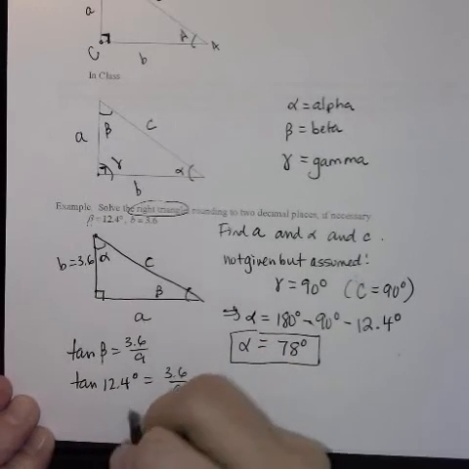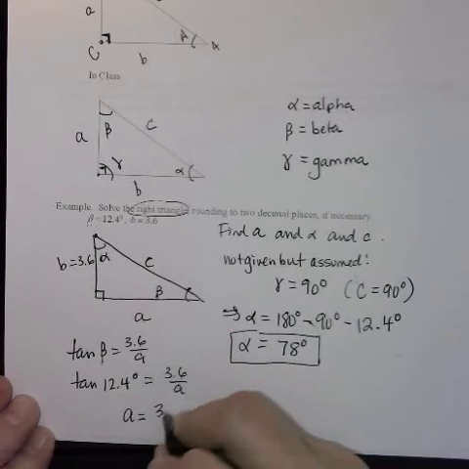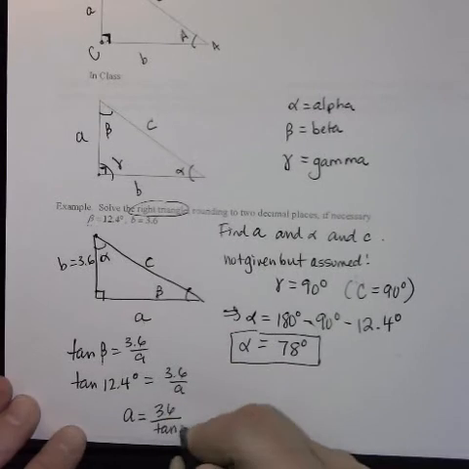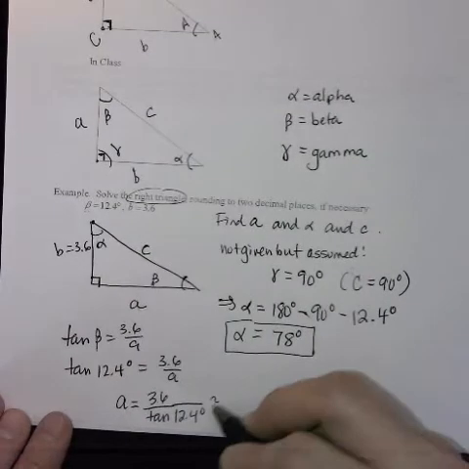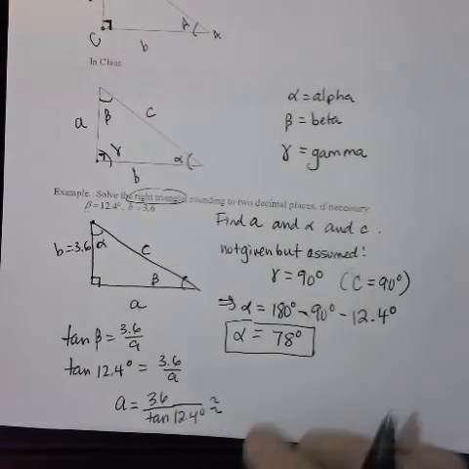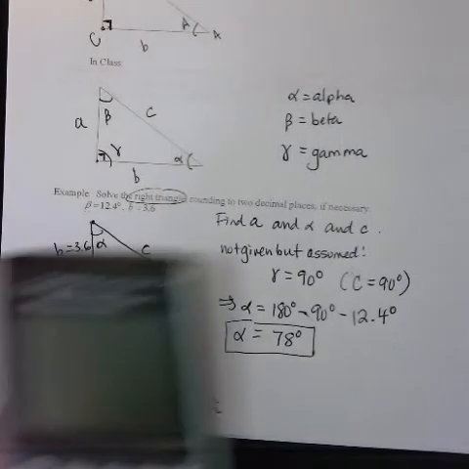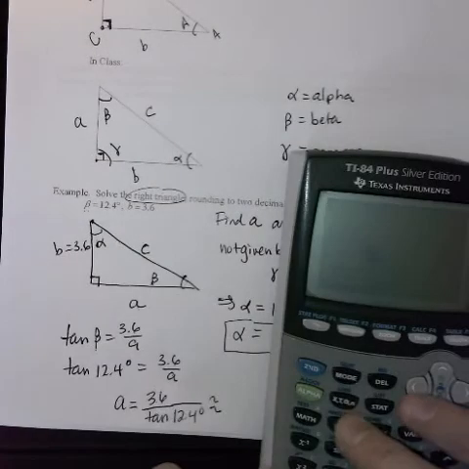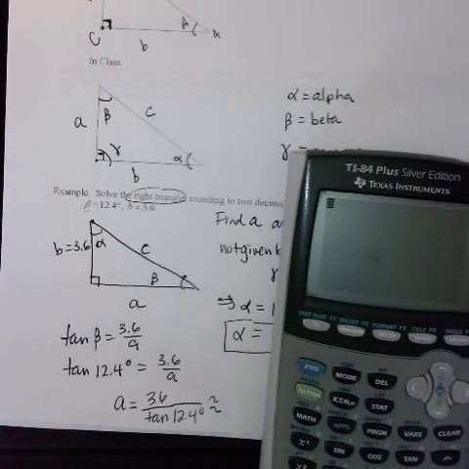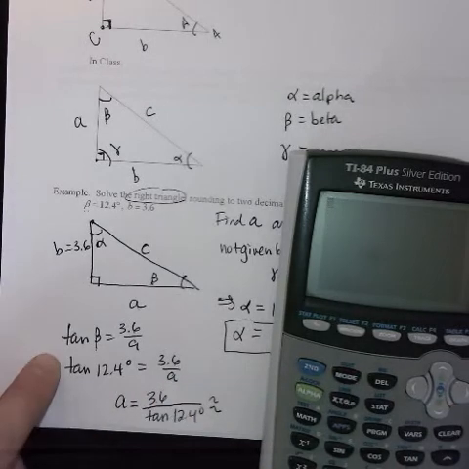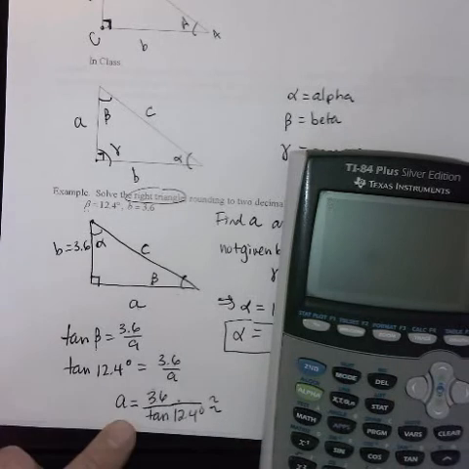So a is 3.6 over tangent of 12.4 degrees. And I'm going to have to switch to degrees because we were working in radians last time. Of course I just multiplied by a and then divided by tangent of 12.4 to get this expression. So 3.6 divided by tangent of 12.4.